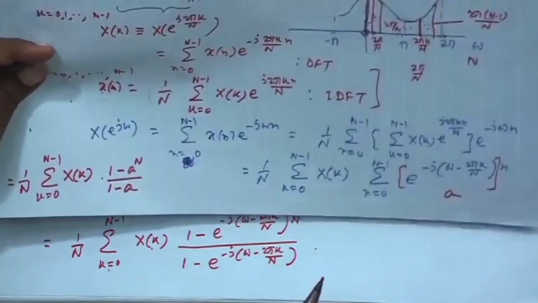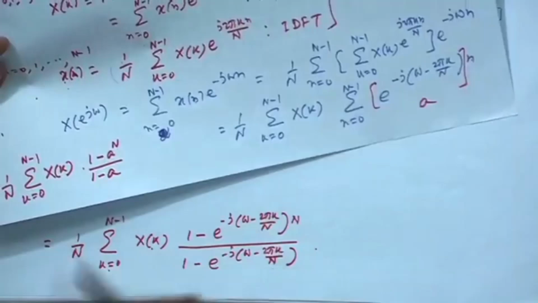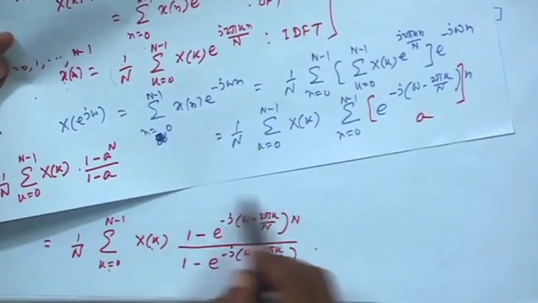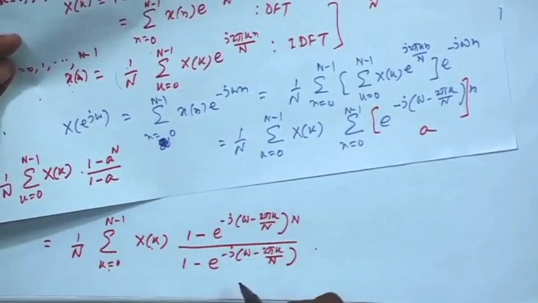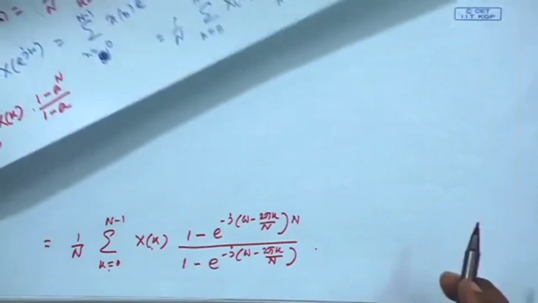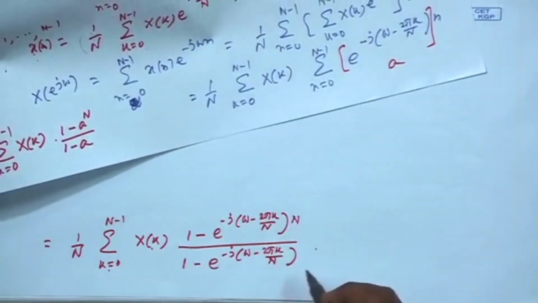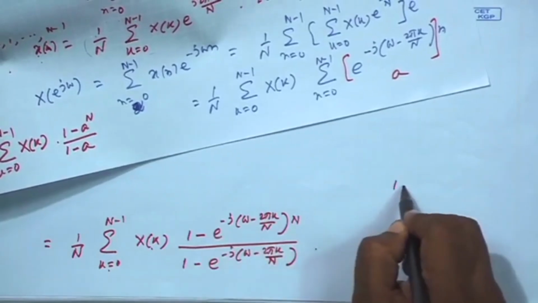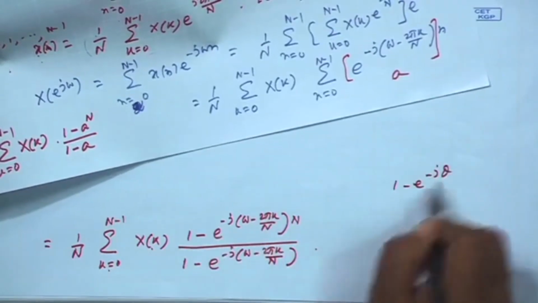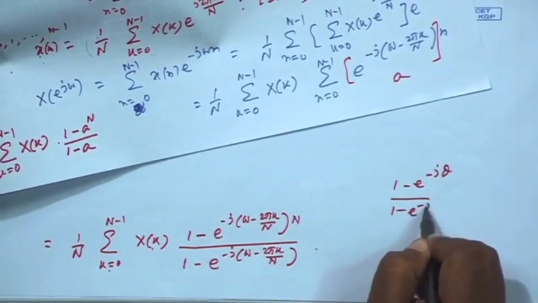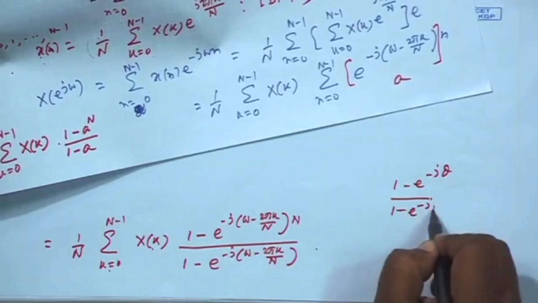So, this is one property. This shows that DTFT itself can be obtained by an interpolation formula of this kind, using its own samples. Every sample multiplied by a function like this. Okay. This function, in fact, you can do some manipulation, it is of the form e to the power minus j theta, you call this angle theta, divided by e to the power minus j beta, you call this angle beta.